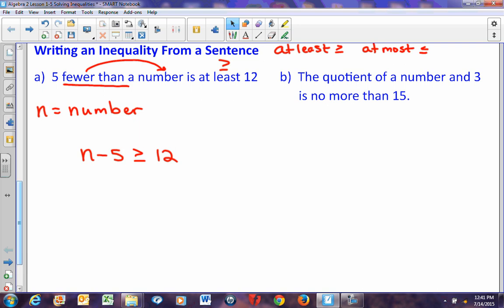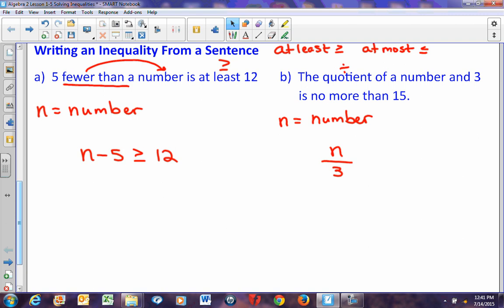Letter B: the quotient of a number and 3 is no more than 15. Quotient means division. Again, define my variable: n equals my number. So the quotient of a number and 3 is n divided by 3, and that's the algebraic way of writing it. Please don't write it with the division symbol. That would be the numerical way of showing it. We're in Algebra 2, we can show it algebraically.